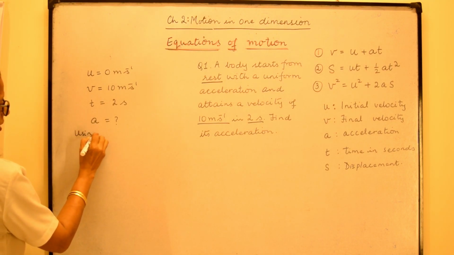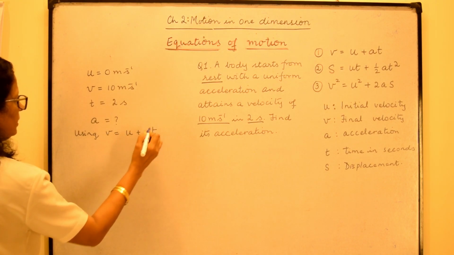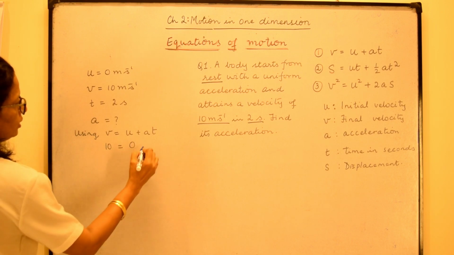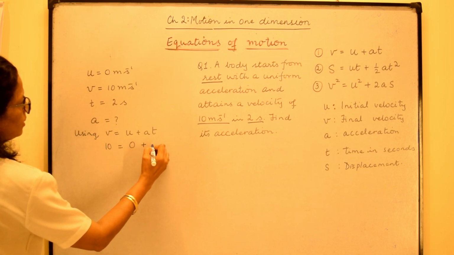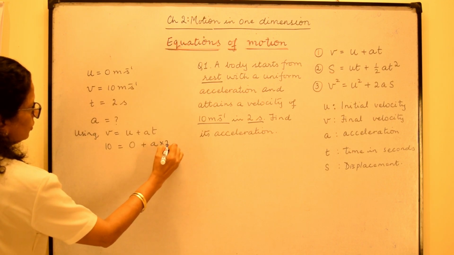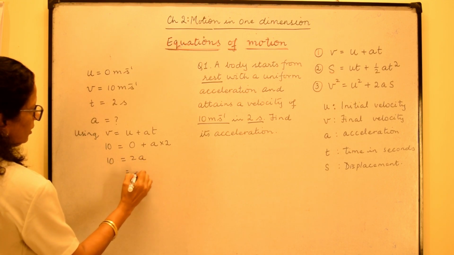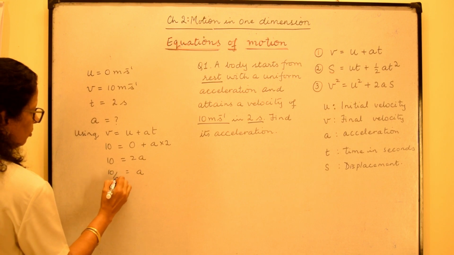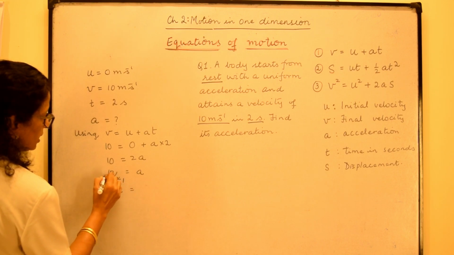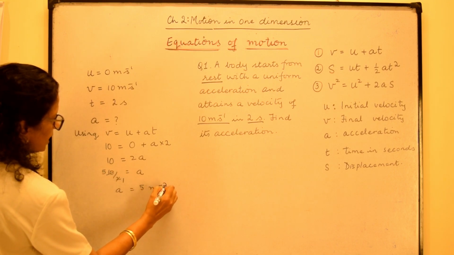So using v is equal to u plus at, 10 will be equal to initial velocity 0 plus a, which we do not know, and t is 2. So you will have 10 equal to 2a, and a will be equal to 10 upon 2, and we have a equal to 5.